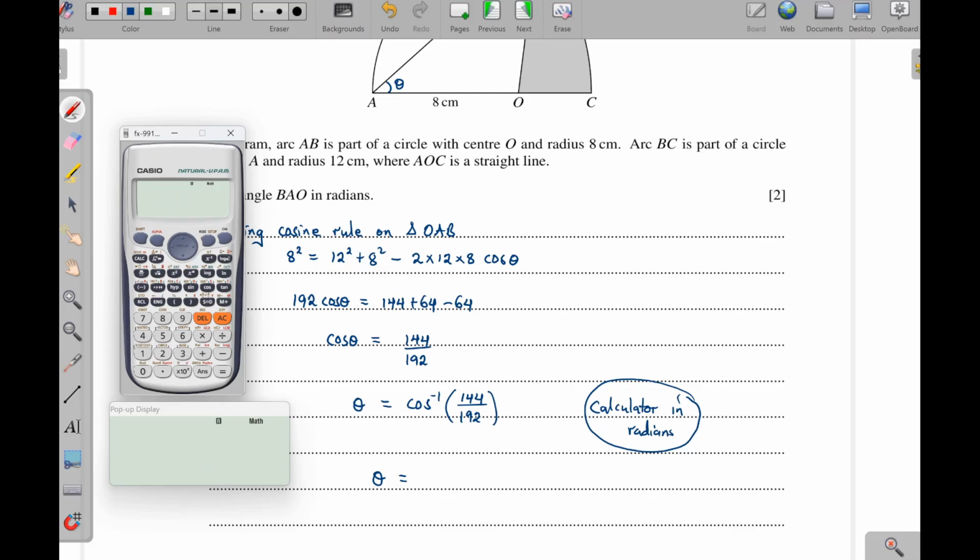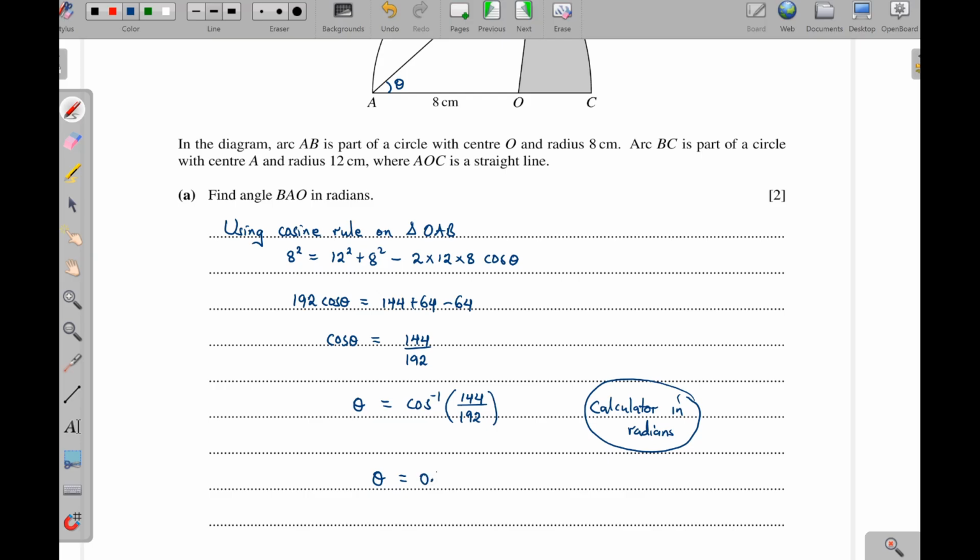Then I'll press shift cos to get the arc cos, then 144 divided by 192, and then the answer is 0.722 and the rest of those figures, but to three significant figures, I can have 0.723 radians.